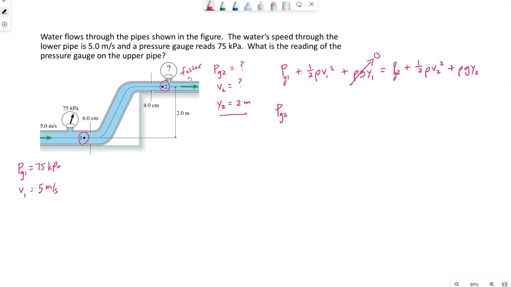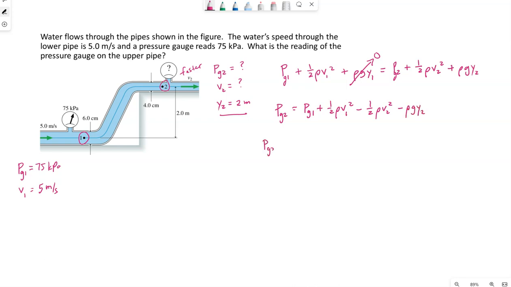I need to bring everything to the left if I'm solving for pressure gauge 2. Sorry about that. So pressure gauge 1 plus 1/2 rho V1 squared, that's already on the left. Bringing the other terms over, that's looking better.